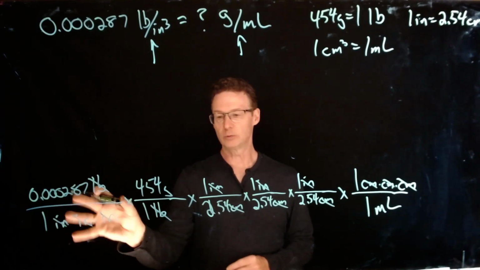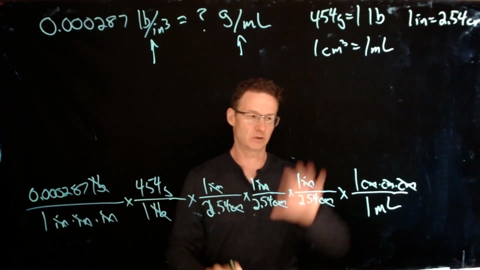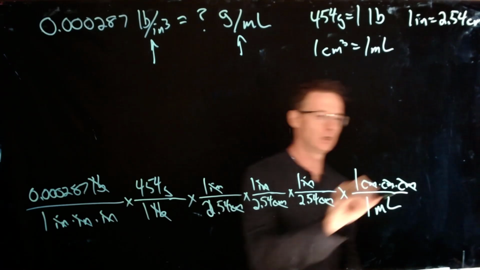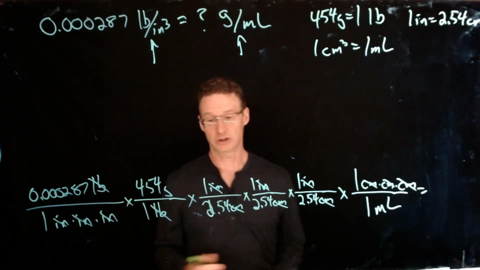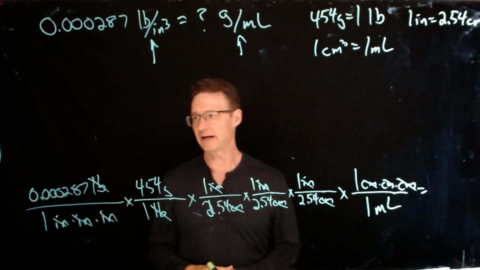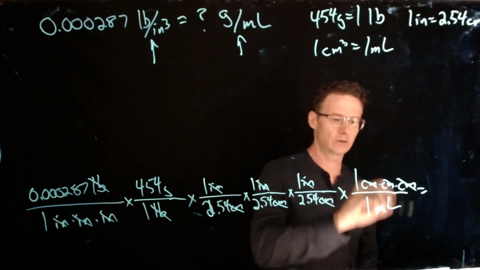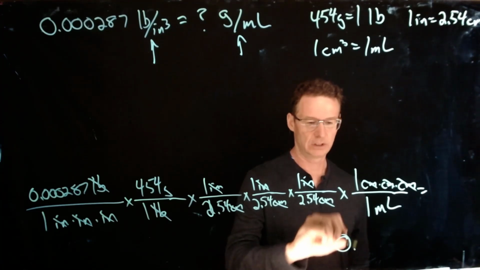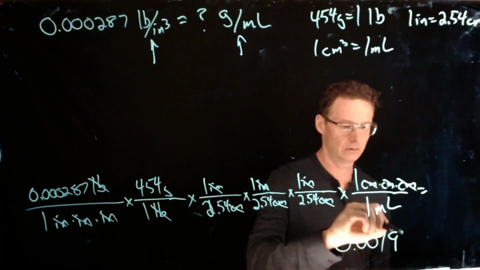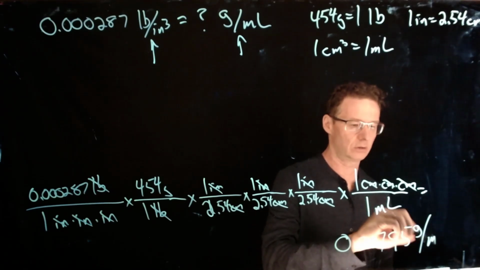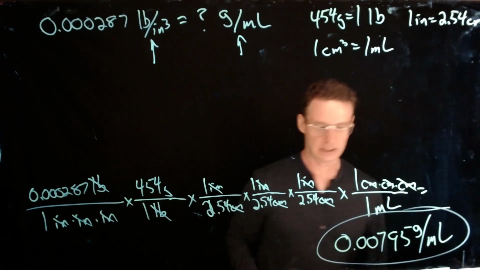We've converted the cubic inches first into cubic centimeters and then the cubic centimeters into milliliters, which by itself is a pretty simple conversion because it's a 1-to-1 ratio. And when we do all that out, I'm going to move this down here, we get 0.00795 grams per milliliter as our final answer.